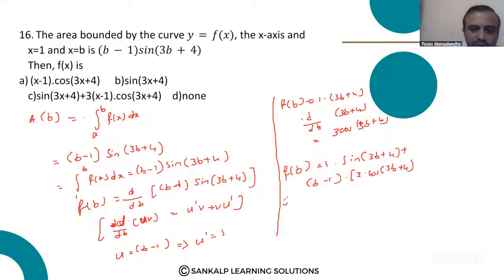So here f'(b) is equal to sine of 3b plus 4 plus 3 into, taking the common factor, (b minus 1) into cos of 3b plus 4.